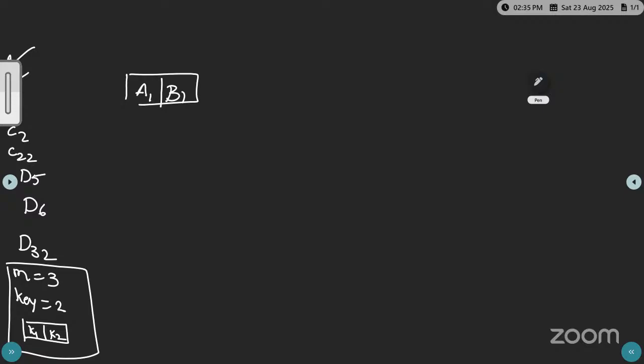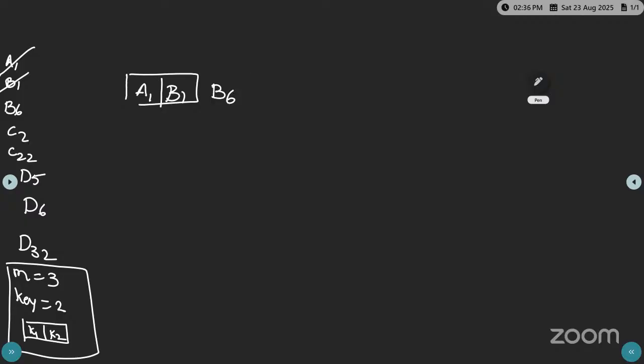B6 is available. Always the new element belongs to the right side of that particular element, available in sorted order. Yes, correct? Already given sorted order. Next B6 here.